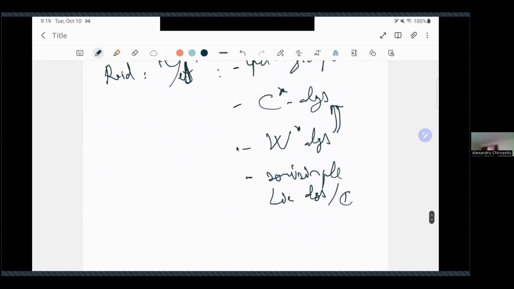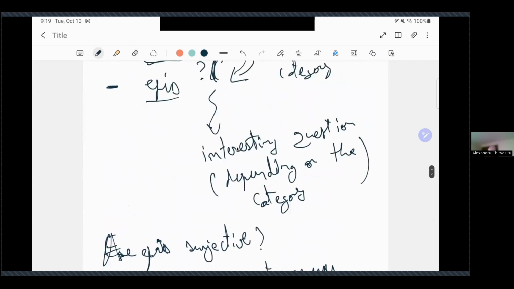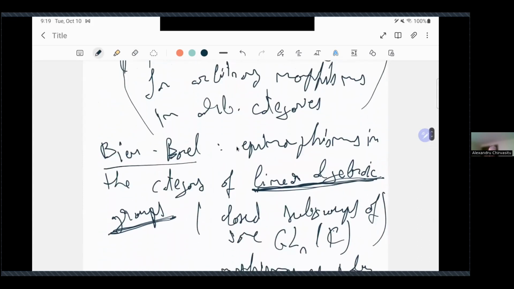Now, a lot of the time, the answer is no. And also for interesting categories, interesting natural categories. In fact, let me go back to connect a circle here. Go back to Bien and Borel, where they characterize the epimorphisms in the category of linear algebraic groups.